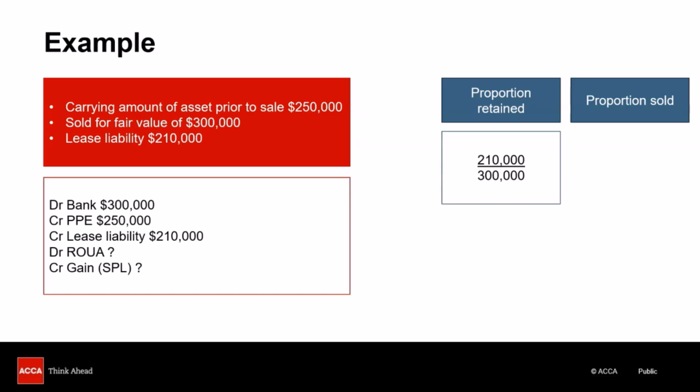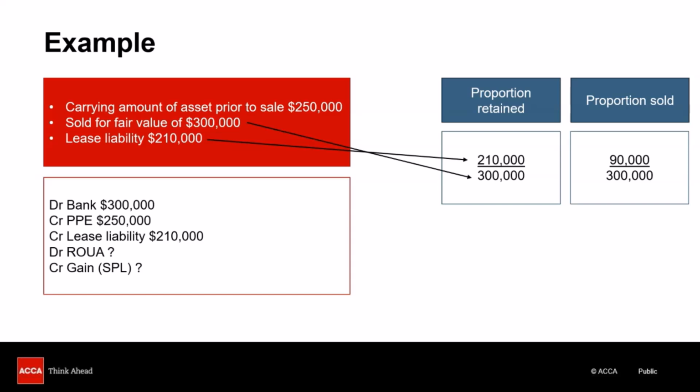For the proportion that has been retained, we calculate the liability and divide it by the sale price, because you see liability is also at present value and the sale is also at fair value. So 210,000 divided by 300,000, this is going to give you the proportion which has been retained, and the proportion that has been sold is 90,000 out of 300,000. 300,000 is the fair value.